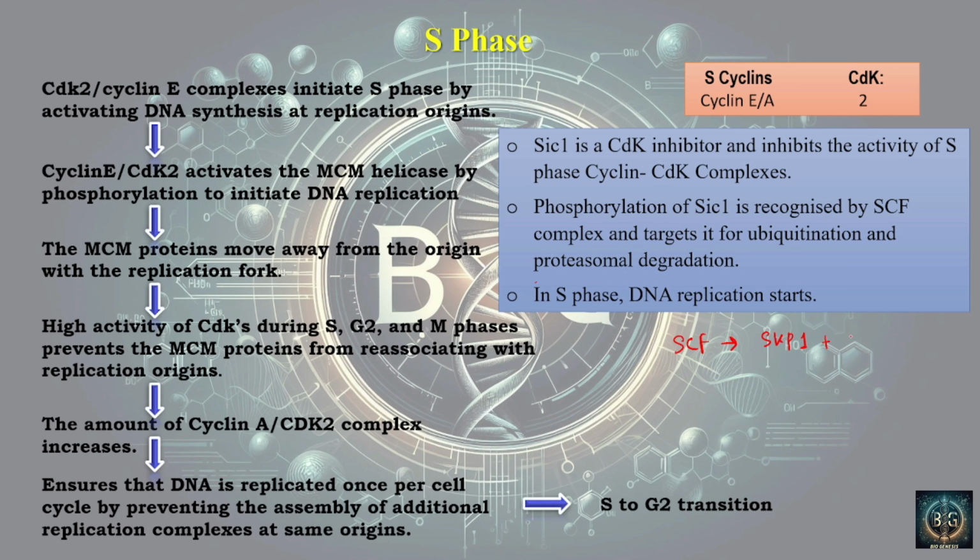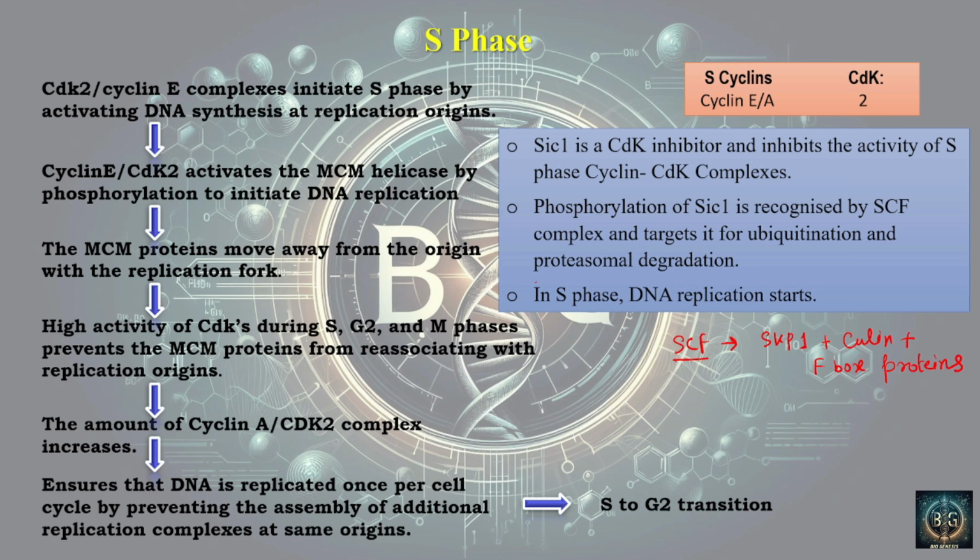SKP1, Cullin and F-box proteins together form the SCF complex. The SCF complex targets phosphorylated SIC1 for ubiquitination and proteasomal degradation, and that is how SIC1 protein is destroyed.